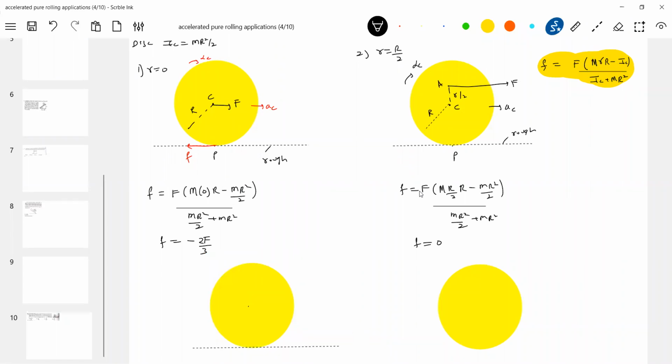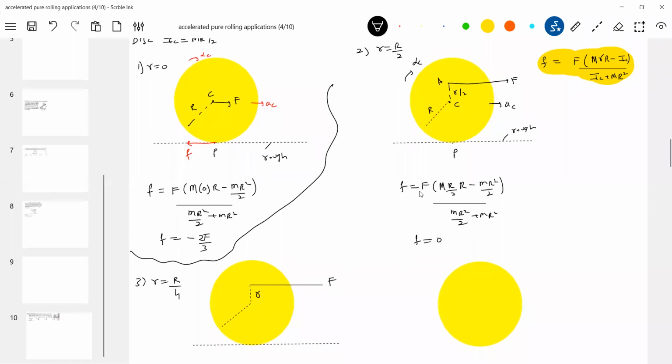Where is the force? The third case, small r equal to r by 4, I'll bring. What is r by 4? Shall I say r by 4 is less than r by 2?